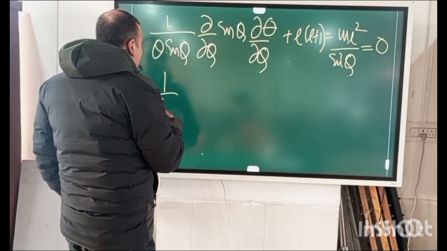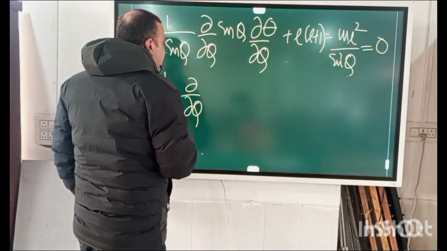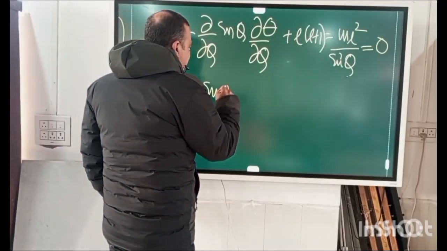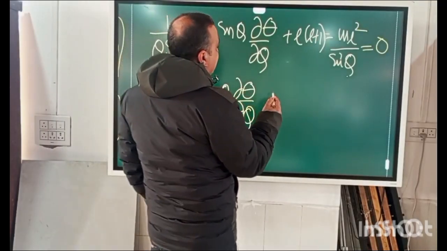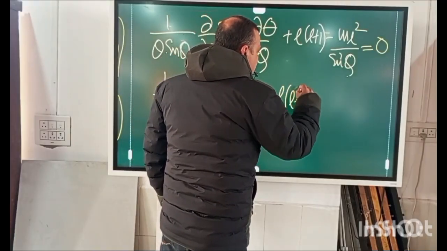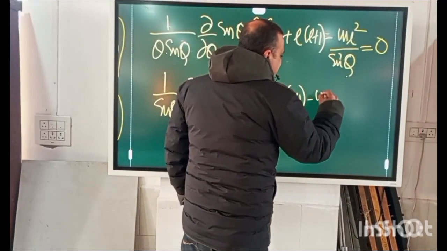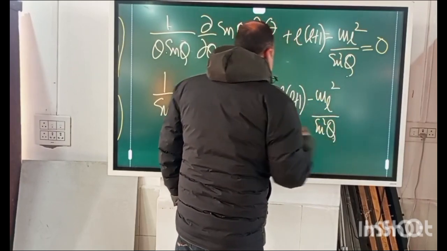So this theta will basically go and take the part here. What I will have is 1 by sine theta, dou by dou theta, then sine theta, dou capital theta by dou theta. Then plus L times L plus 1, minus M L square by sine square theta.